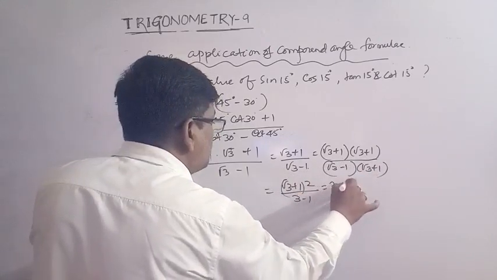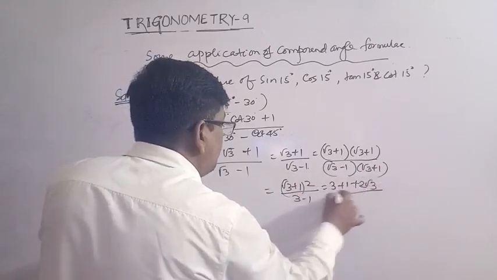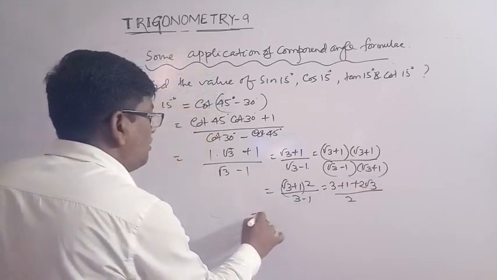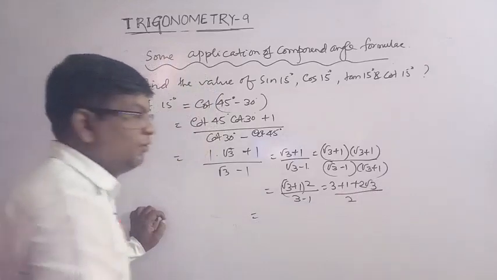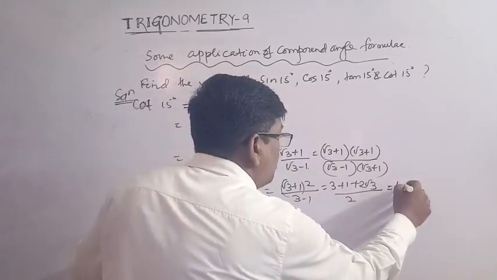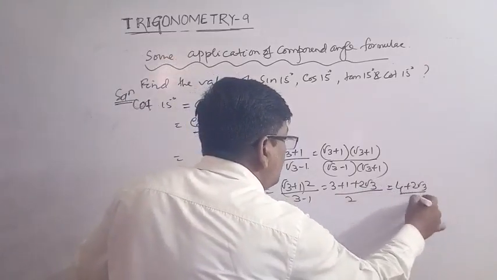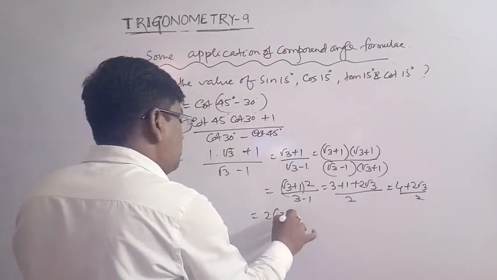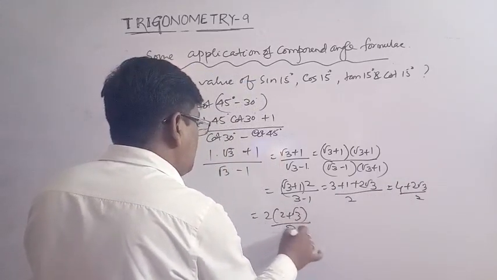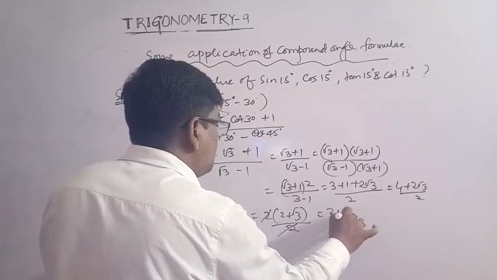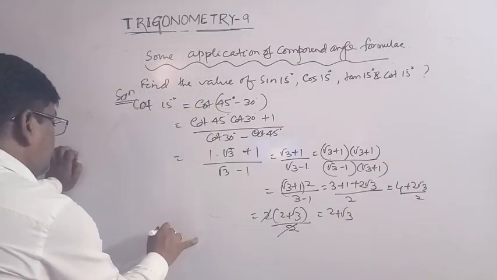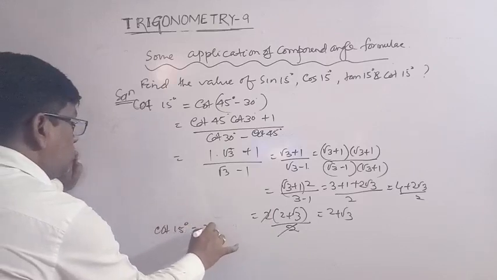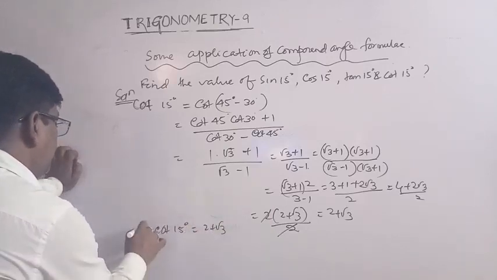So (3 plus 1 plus 2 root 3) divided by 2, that is (4 plus 2 root 3) by 2. Take 2 common here, that is (2 plus root 3) by 2. 2 cancels, that is 2 plus root 3. Now the value of cot 15 is 2 plus root 3.